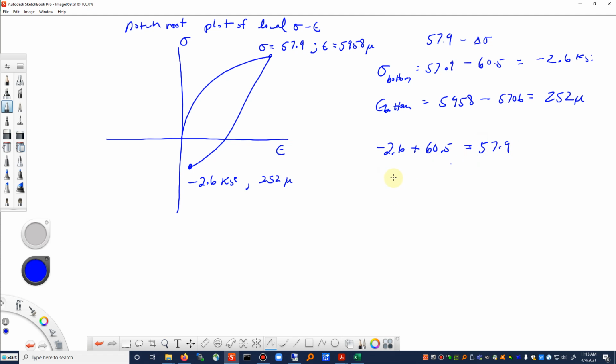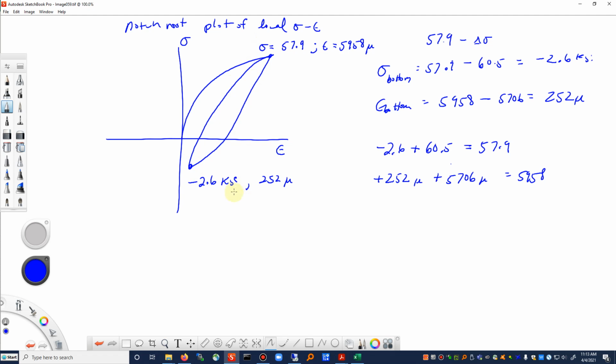And for my strain, I'm down at plus 252 microstrain, and then I'm going to add to that 5706 microstrain, which gives 5958. So what this means is now I have a loop that looks like this, and it just keeps going back and forth around that loop.